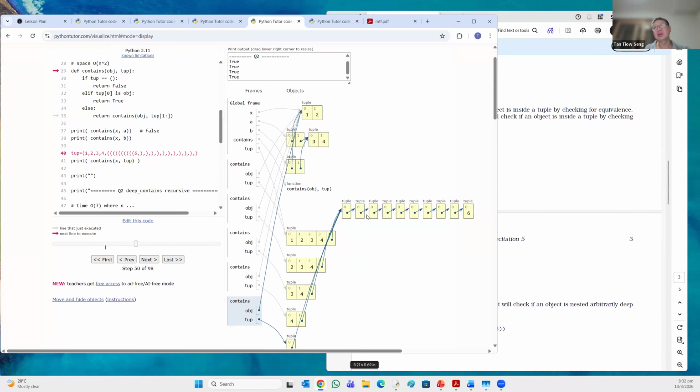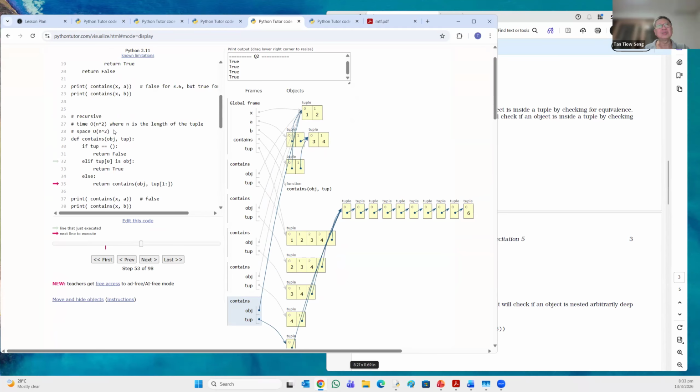Okay, so this one never makes a copy. So it's always pointing there. Yeah, but these are stacked up in the length of the tuple. So the length was 5, then 4, 3, 2, 1. So this space is O(n squared), where n is the length of the tuple. Okay, that's correct.